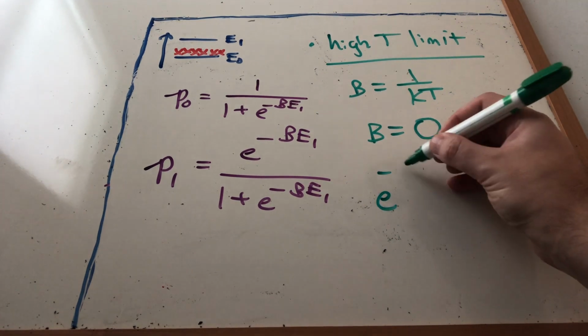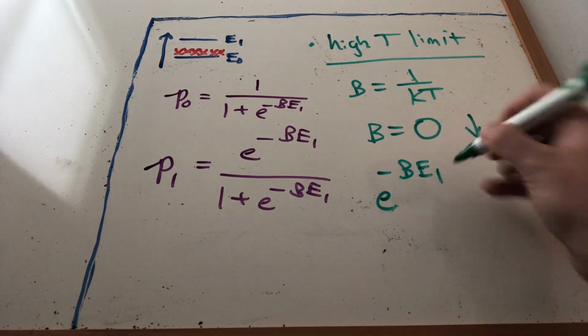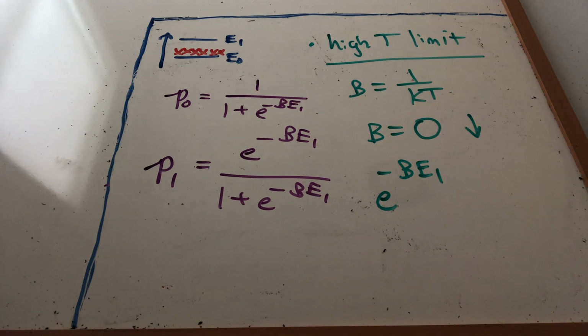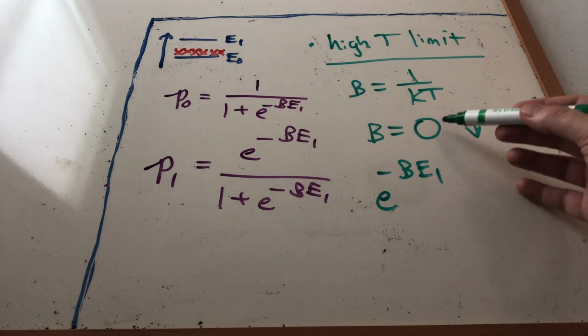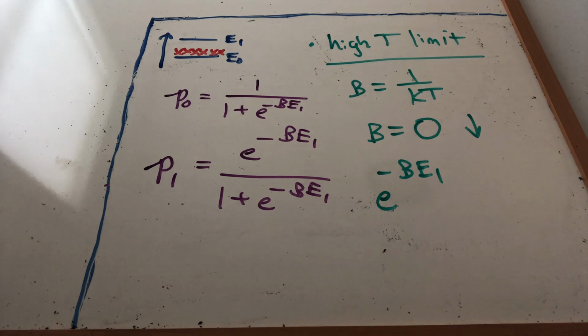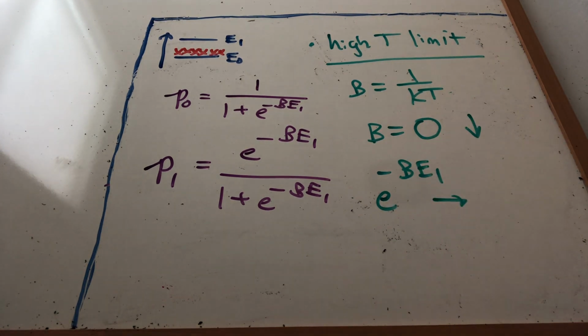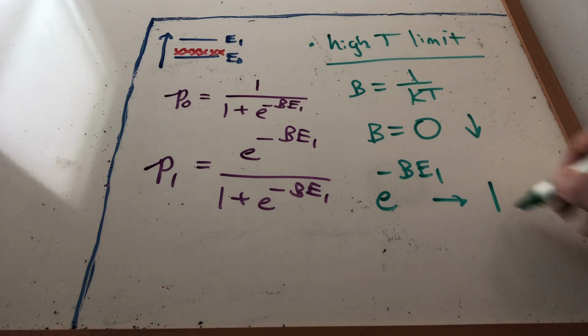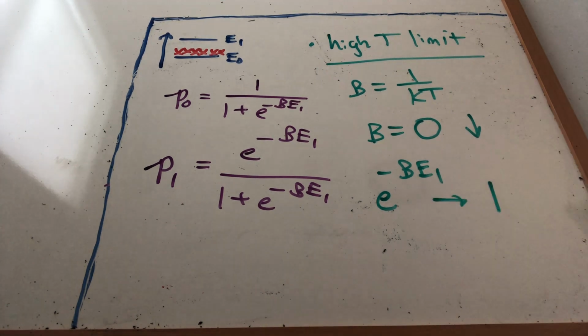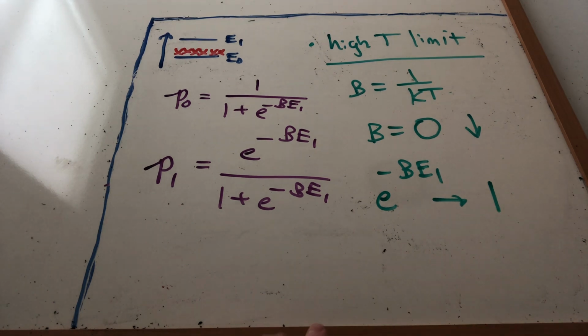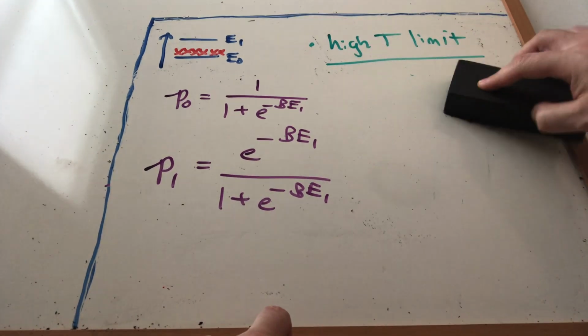So where is beta inside our expressions? It's in this term, e to the minus beta E1. As beta gets smaller and smaller and approaches 0, e to the minus beta E1 approaches 1, because anything raised to the 0 power looks like 1. Now we see another incredibly important result.